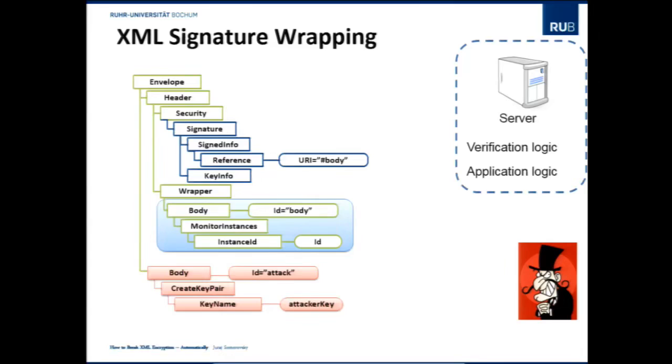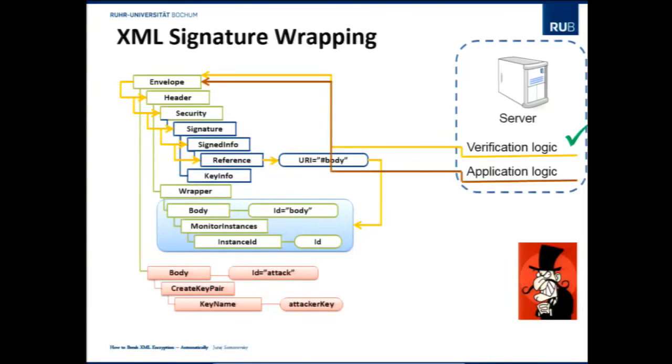What the verification logic does is go to the envelope, header, security, signature, reference, take a look at the URI body, find the element, and verify it. So everything's good, the message is still authenticated, and the application logic just takes a look at envelope, body, and invokes what's in the body. So that's the problem: different views of the same message.